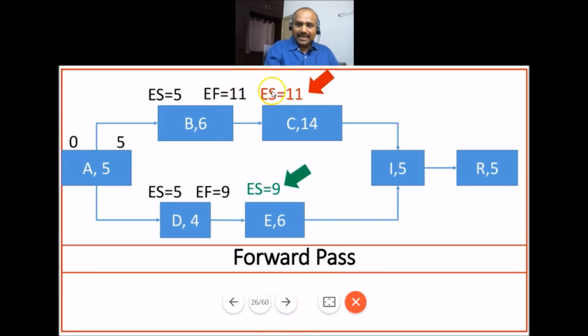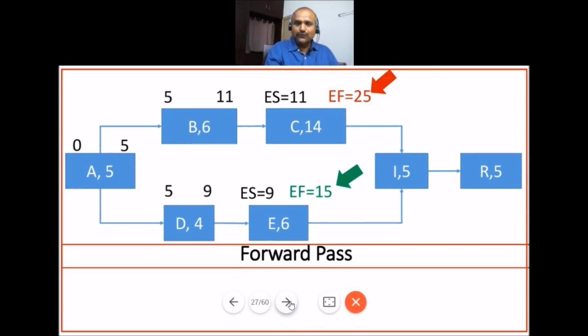The same 11 will be brought forward here because the earliest finish of activity B becomes the earliest start for activity C. Similarly, in the lower path, the earliest finish, which is 9 days, is brought forward as the earliest start, which is 9.